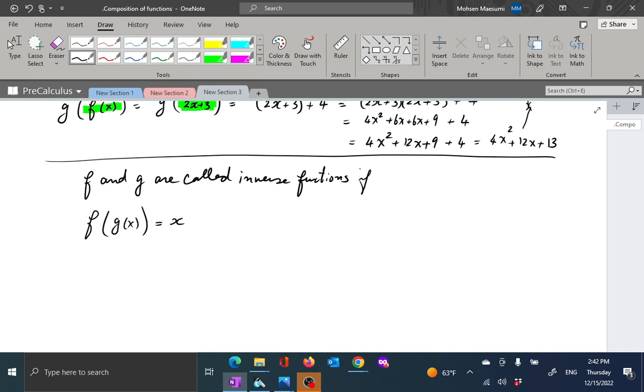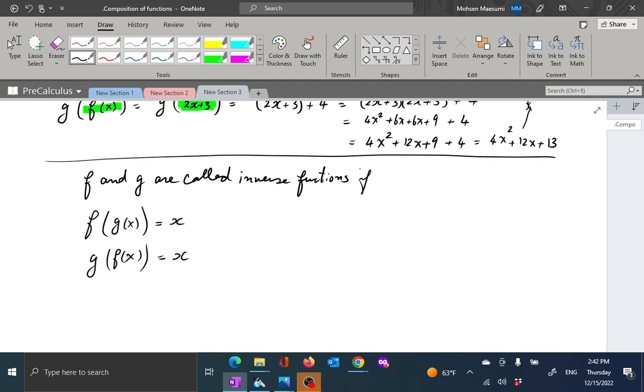Other way around, if you take the x, give it to f, and then take that and give it to g, again g is going to undo whatever f has done. The two of them undo whatever the other one has done.